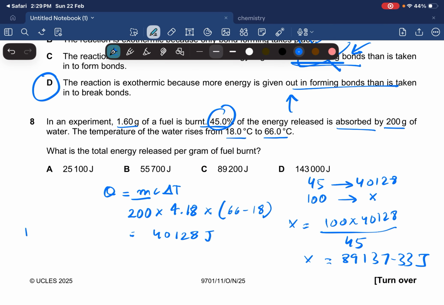So if 1.6 gram can release 89137.33, then 1 gram can release x, and the value of x is this divided by 1.6, and we get 55733.33 joules of energy, which makes option B the correct answer.